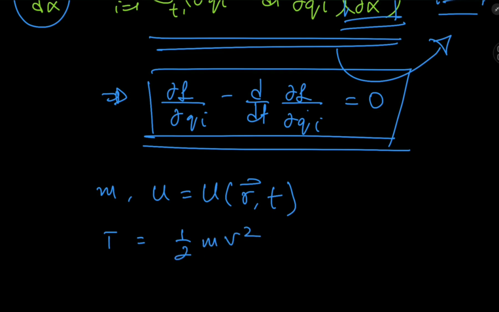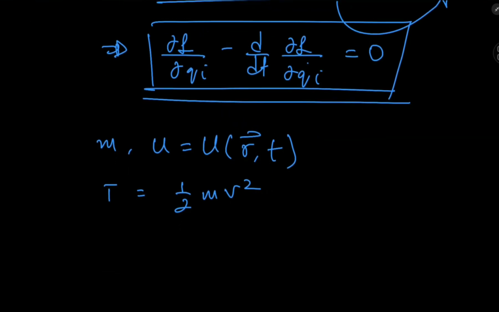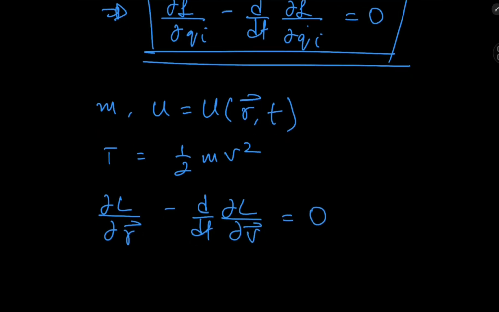Okay, great. So what do the Lagrange equations look like in this context? Well, we have partial L by partial r minus d by dt partial L by partial v being equal to 0.